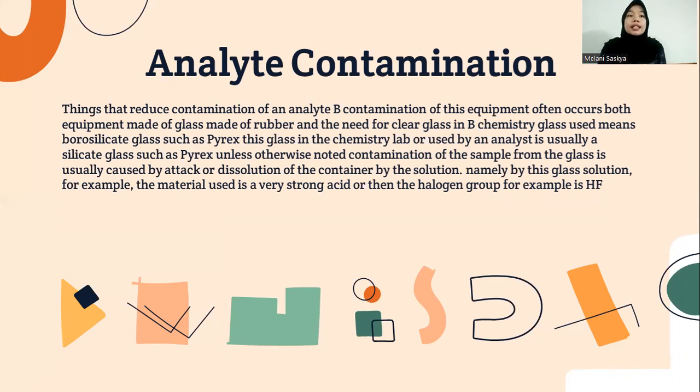Contamination of the sample from the glass is usually caused by attack or dissolution of the glass by the solution, for example when the material used is a very strong acid, or a halogen group, for example HF.